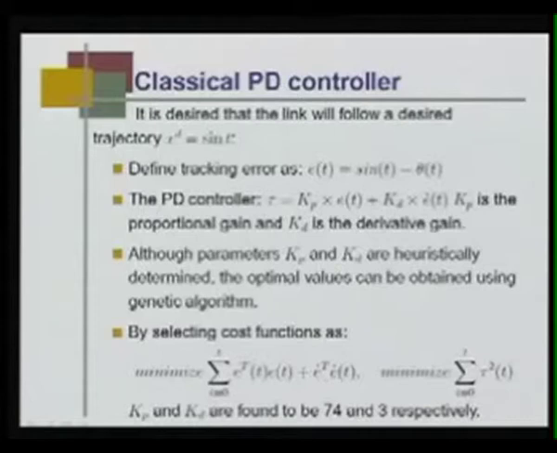We want to minimize the squared error in the cost function, as well as the change in error, and here also the total control effort: a quadratic function in error, a quadratic function in change in error, and a quadratic function in the actuated control input. So, we want to minimize both. Running a genetic algorithm for this, we got the Kp value as 74 and the Kd value as 3.